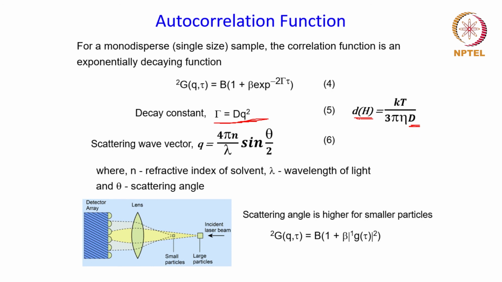Okay, and the streaming feature that this technique offers, that is the suspension of the particles and the associated Brownian motion, will also allow us to derive the particle size distribution data from this apart from the particle size. Okay, so that's the beauty of the technique, that you not only get the particle size, but you can also get the particle size distribution quite easily from the same data.